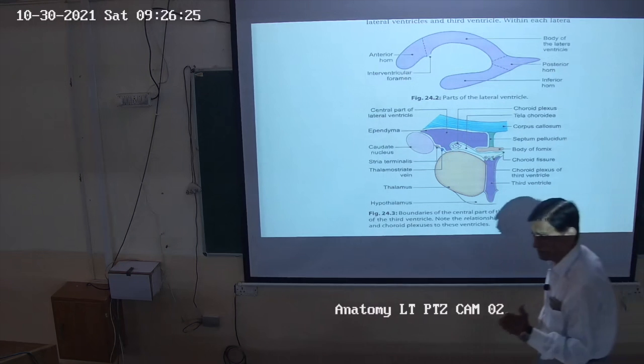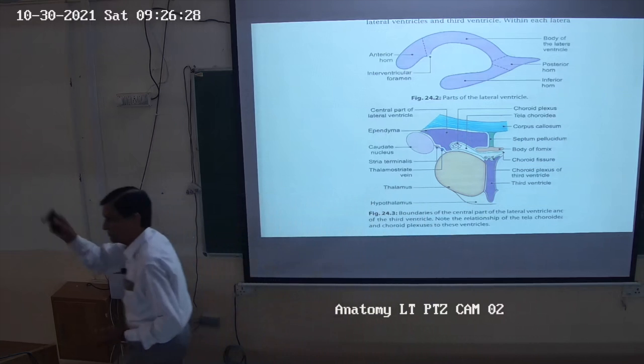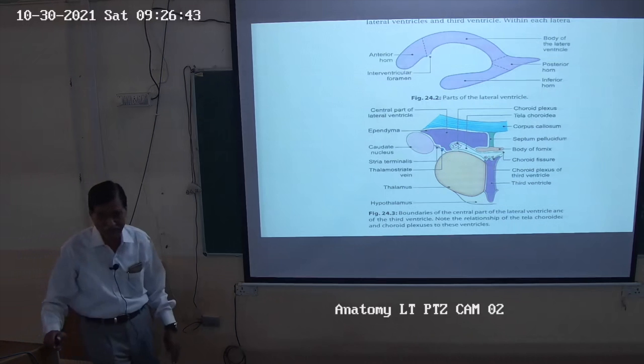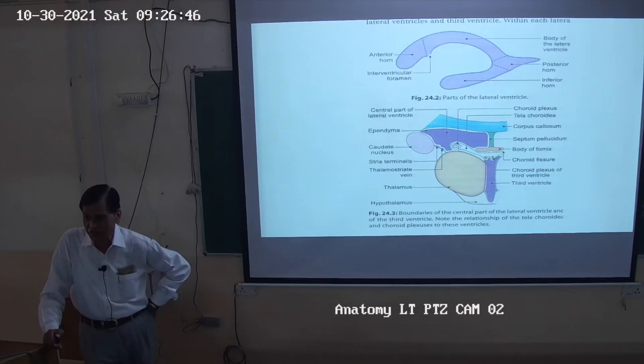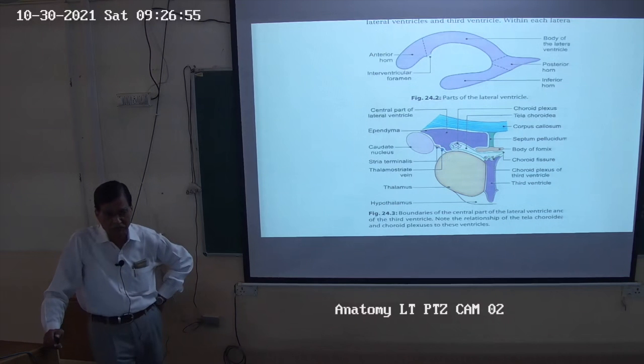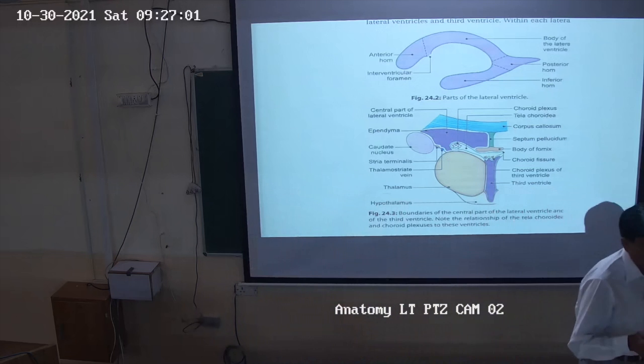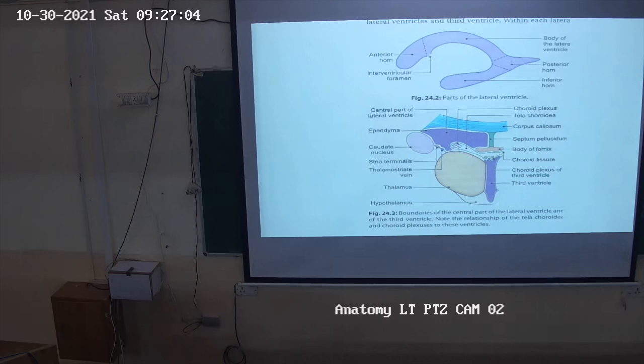The fibers of the hippocampus which reach upwards, coming to the cerebrum, form a bundle of fibers on the medial surface, just below the corpus callosum. That is the fornix. So these are the structures forming its medial wall. Very simple. Septum pellucidum, body of fornix.